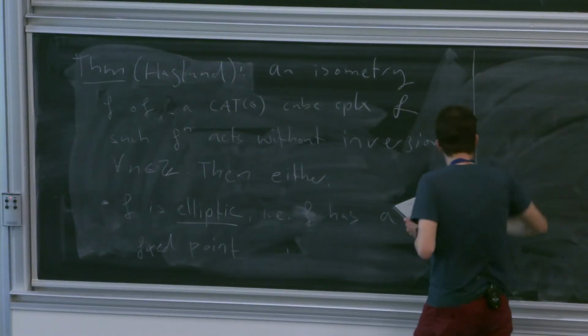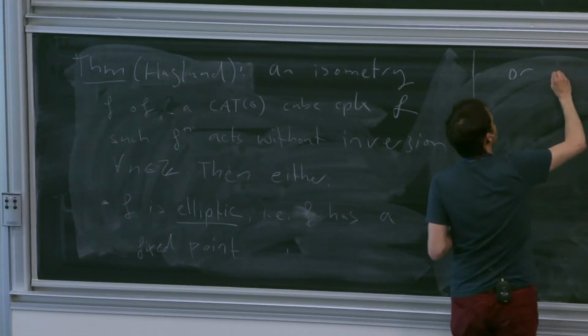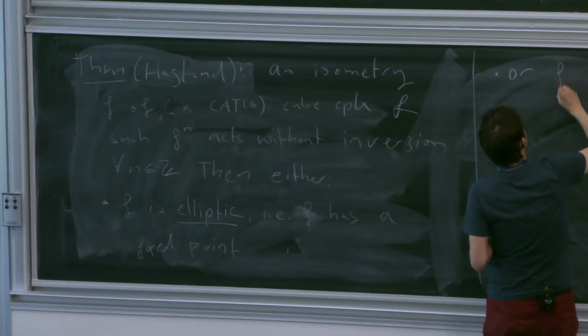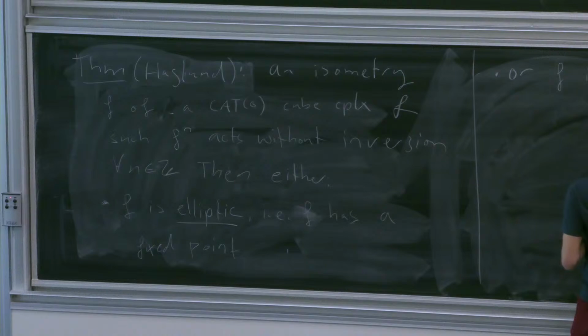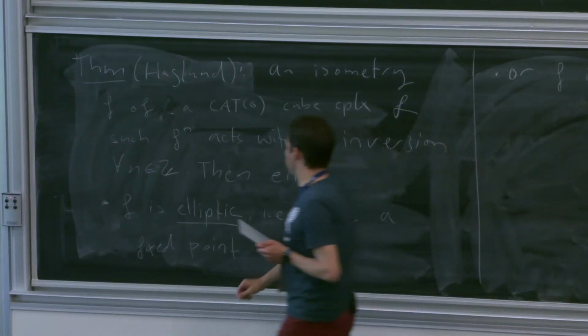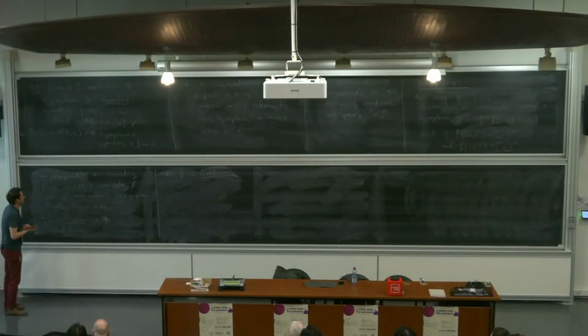So I will explain it. In this case, it just means a fixed point in the cube complex. So in terms of vertices, it just means it preserves the cube. But we'll see after, if it preserves an orientation, then this will imply that it has a fixed vertex.